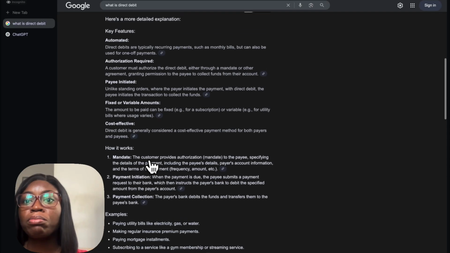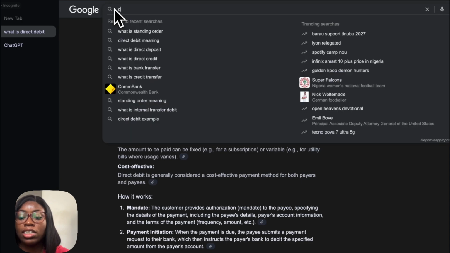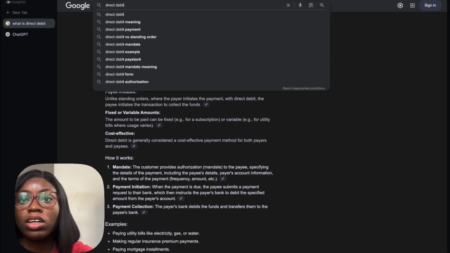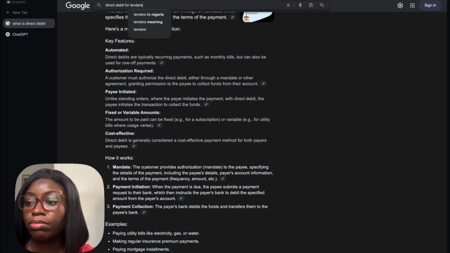Let's also ask, direct debit for lenders, and see what comes up.